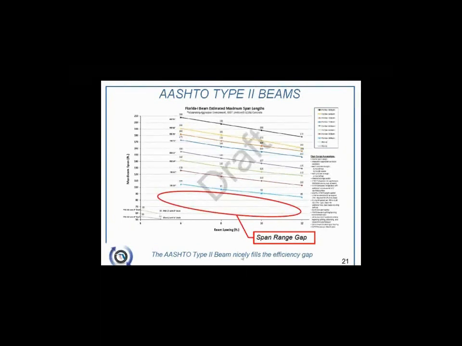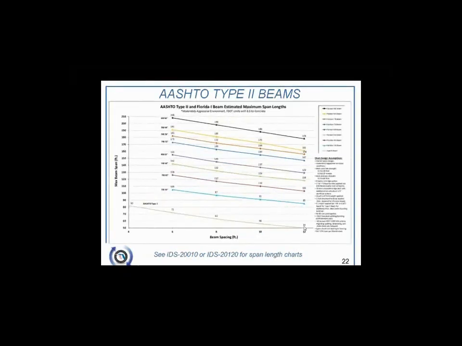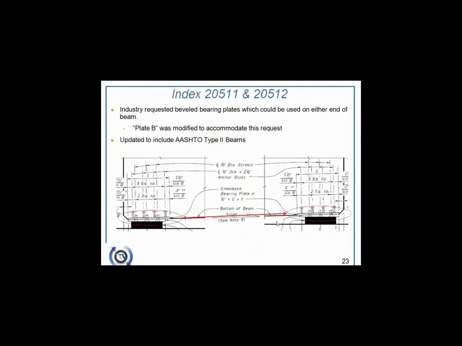So the AASHTO Type 2 beam fits in here really nicely. As you can see here, here's a curve with the capacity for the AASHTO Type 2 beams. It fits in there really nicely. And there were also some other changes with the Type 2 beam associated with that, but you can read the design bulletin, and it goes into great detail there. So please check out that bulletin for more information.